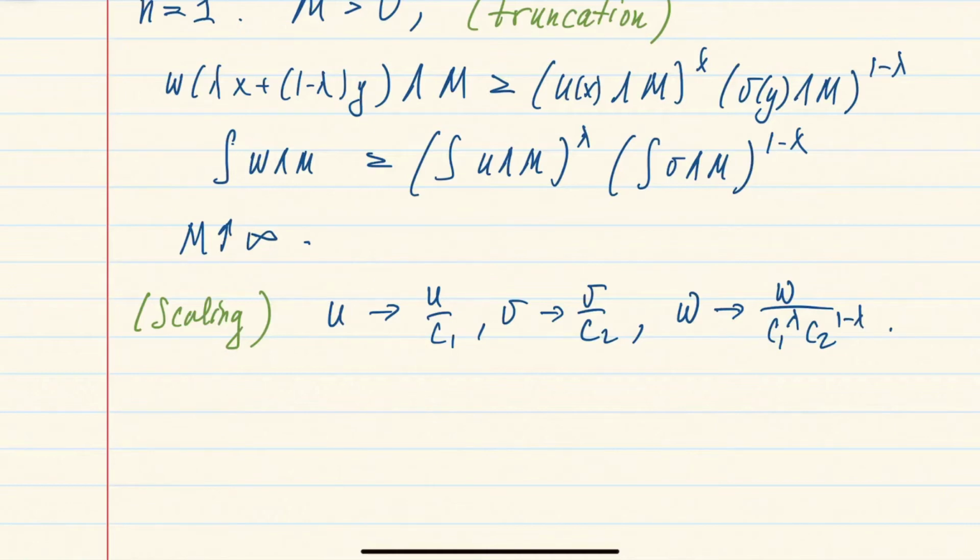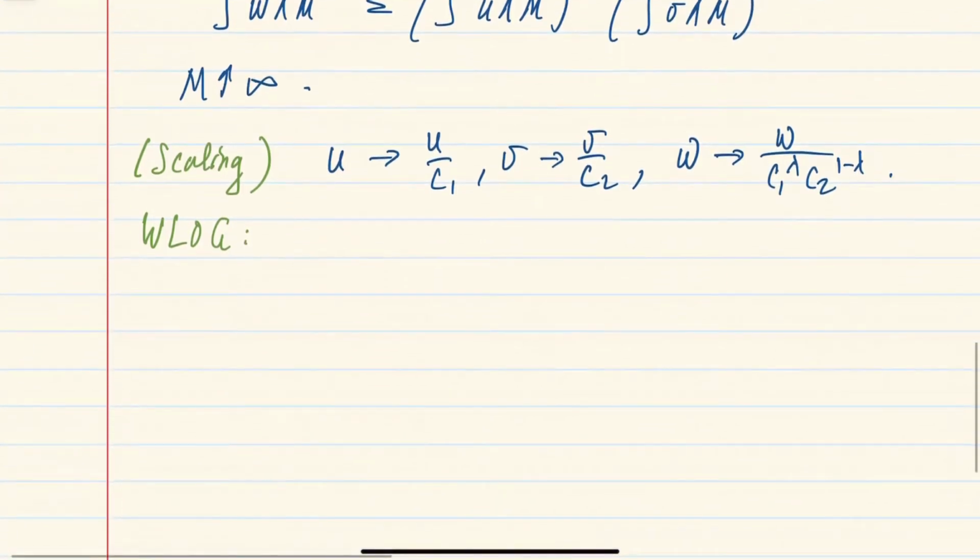And then if you apply the conclusion to these functions, you can again remove this scaling in the inequality for the integrals. So as a result, without loss of generality, we can assume that first our functions are bounded: the sup norm of u and the sup norm of v are finite.